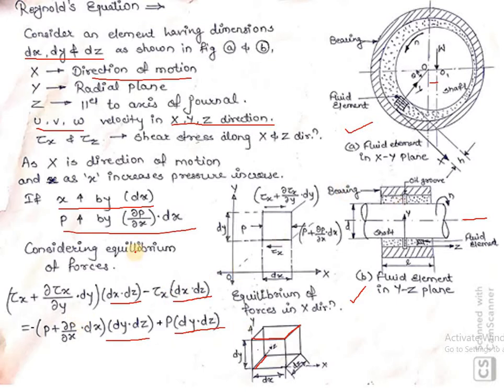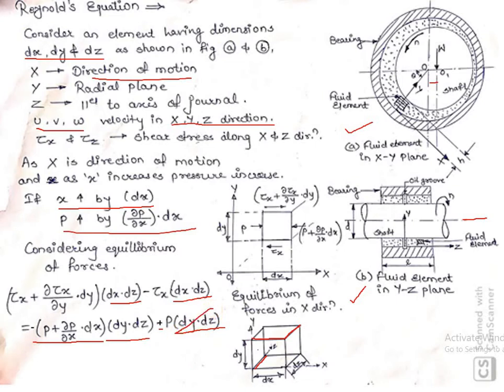So here, considering the equilibrium of forces, P is along positive x, so plus, this force is along negative x, so minus. Again tau x is along negative, so minus, and over here it is along positive, so we have taken it as positive. Now here this will be minus P into dy into dz plus P into dy into dz.